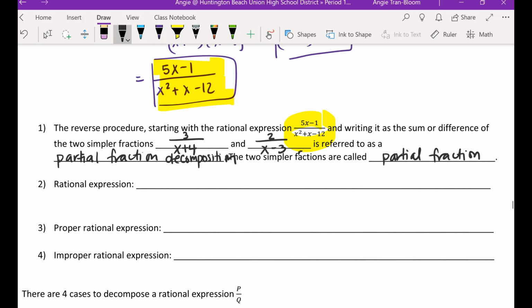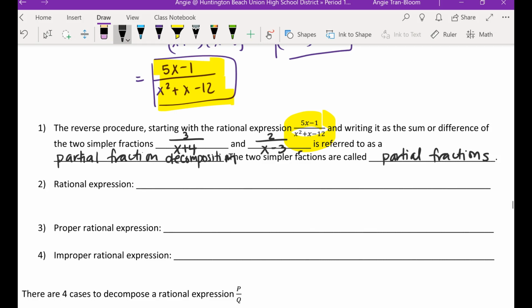The reverse process is partial fraction decomposition. Now, when you get the two answers, sometimes 3 or sometimes 4, they're called partial fractions.